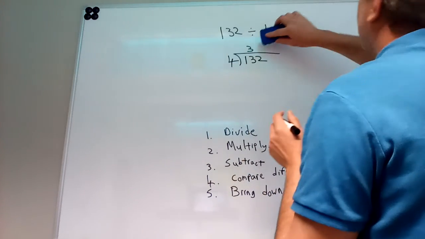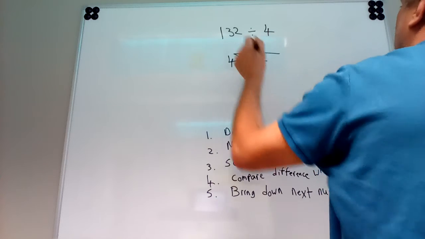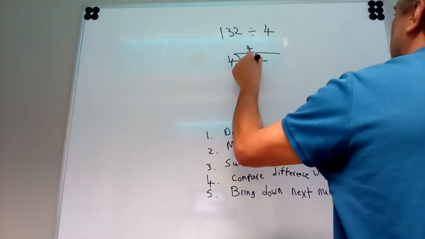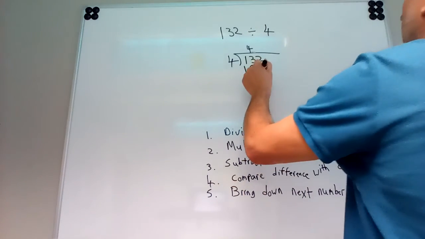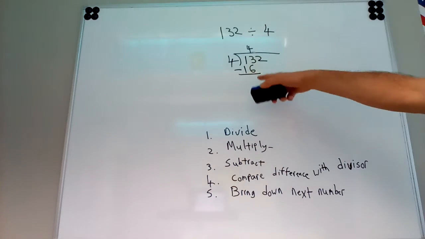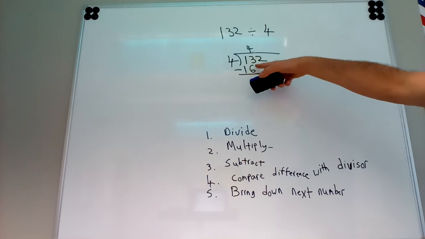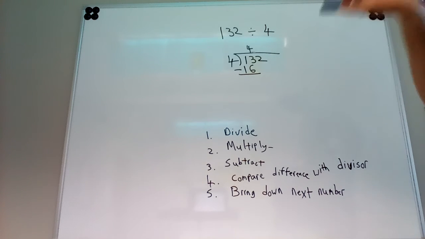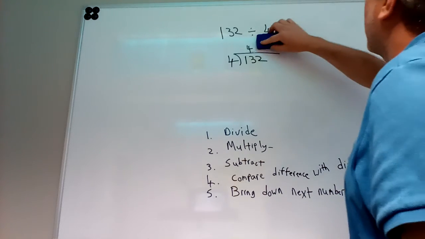Now, if you happen to put 4 here when you're doing your work, if it's a bigger number and you don't know, you put a 4 here and you go 4 times 4 is 16. We'll look at our step down here, compare the difference. When you subtract, well, you can't subtract the 16 from the 13, so you know that this is too big, so that number's got to be smaller than that.